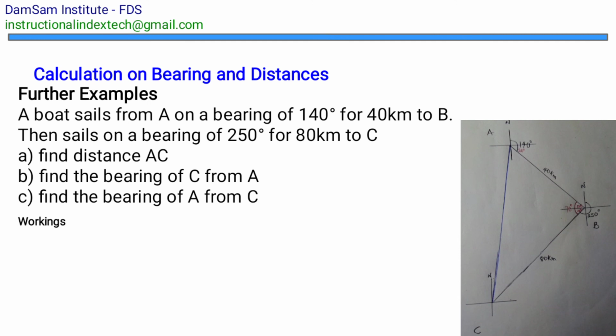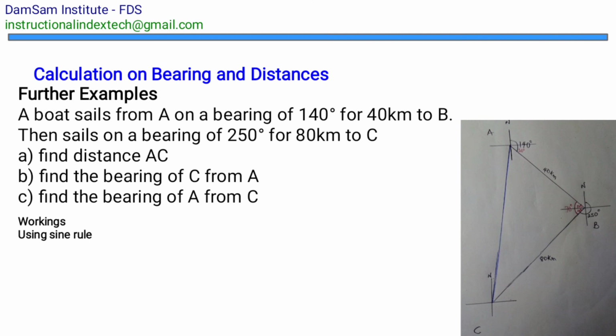Another thing we have to find here is the bearing of C from A. And with that, we can use the cosine rule. When we use the cosine rule to take care of that, the angle we are finding now is the angle at A, and we had it as 140 because the bearing of C from A means we go to A. We now want to see where C is standing.